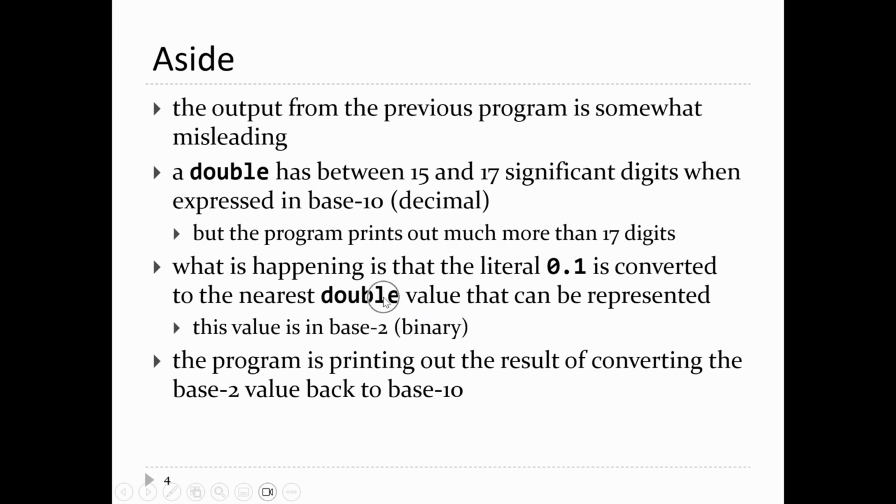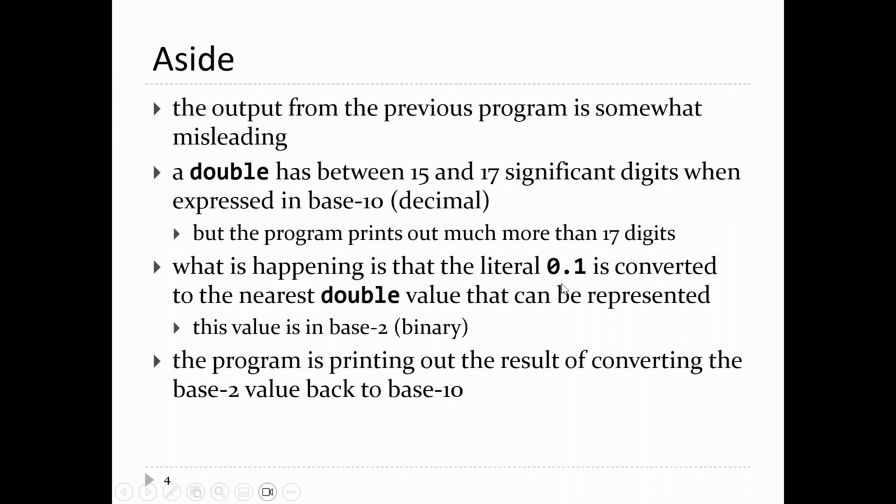Those digits aren't actually, you can't actually represent numbers that look like that on your computer. So what's actually happening here is that when you take the double value, 0.1, and you write down 0.1 in base 10, the computer has to convert that to base 2. That conversion is where the problem occurs. When you convert from one base to another base, it's often the case that you can't represent the number exactly.